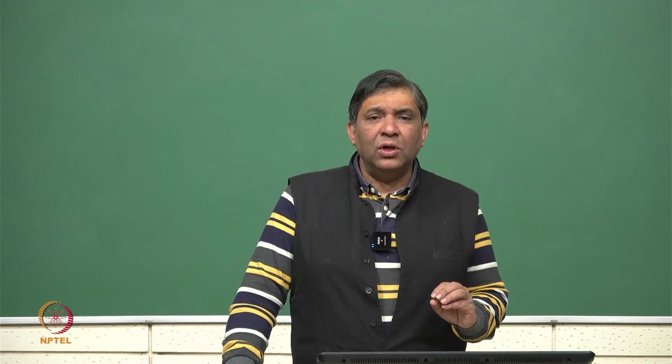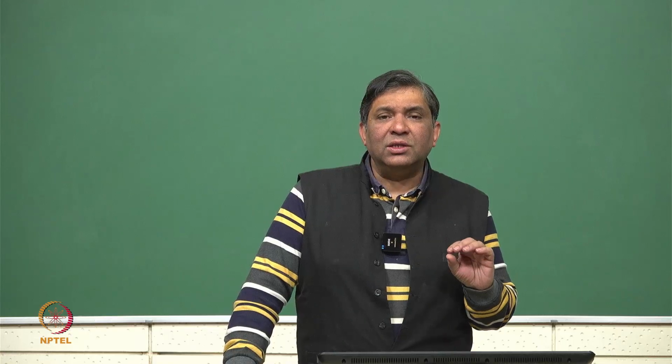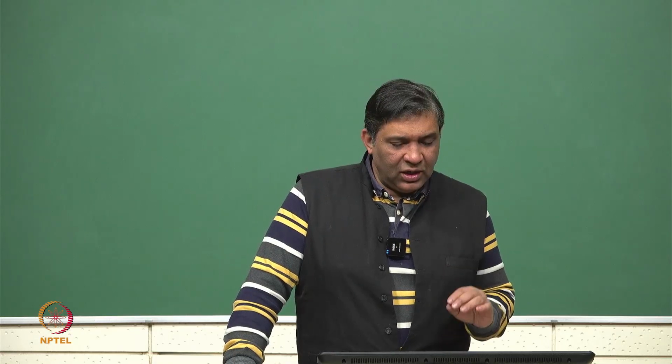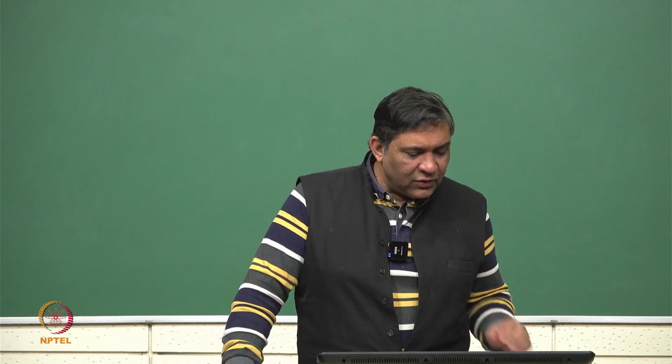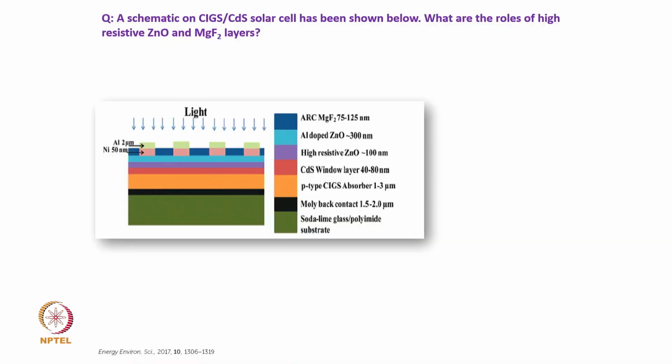Now, I come to the real architecture of the CIGS/CdS solar cell. There are several layers which I have already discussed, but let me again look at all these layers and their use.